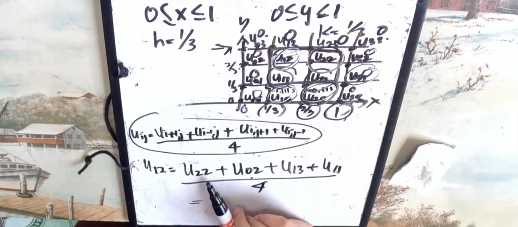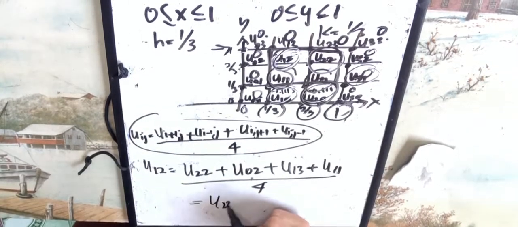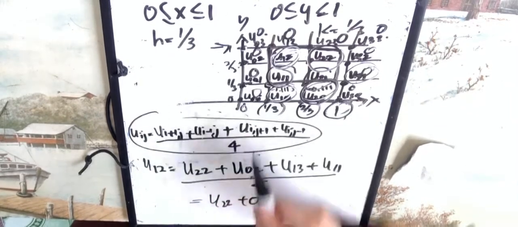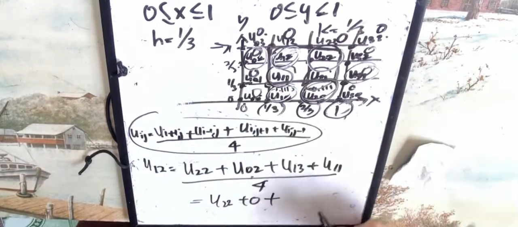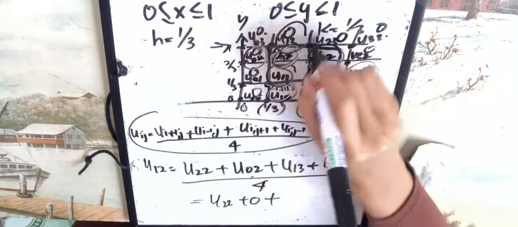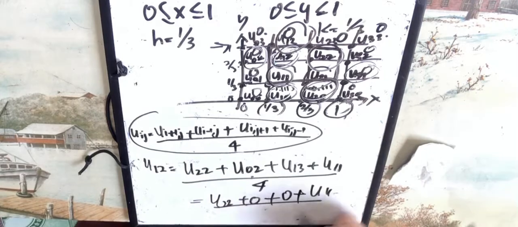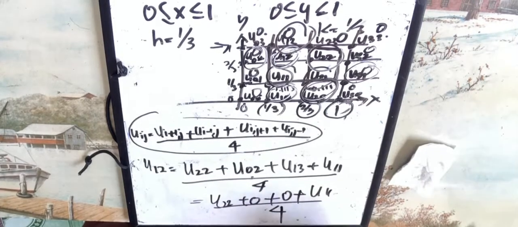So u22 remains u22. u02 is 0. u13 is also 0. u11 remains u11. So over 4, u22 plus u11 over 4. That one is the third point.